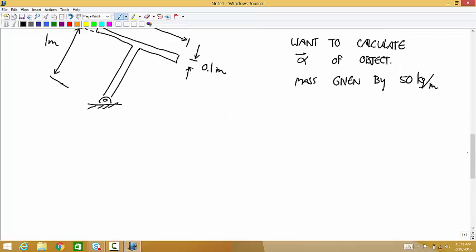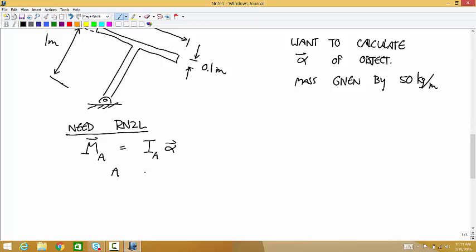Well, we need to use the rotational equation to do that, which says that the sum of the moments about A is equal to the moment of inertia about A times the angular acceleration.